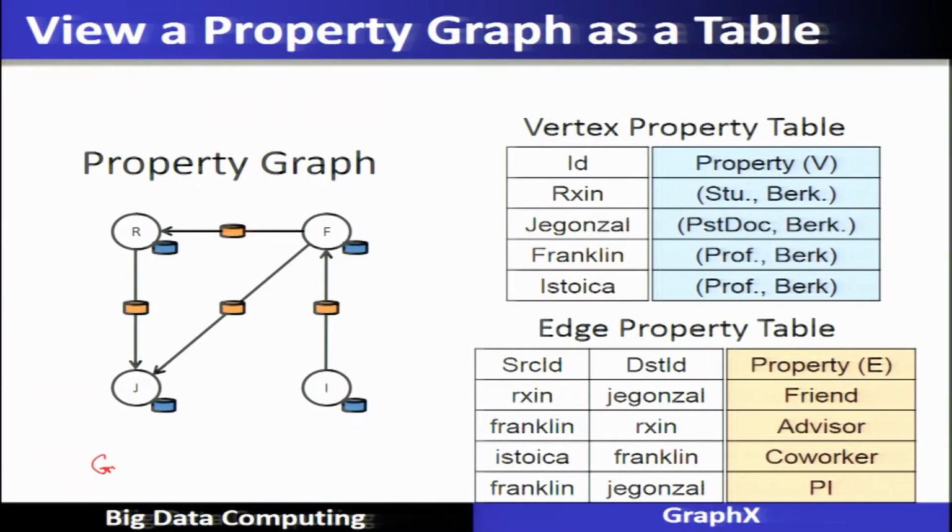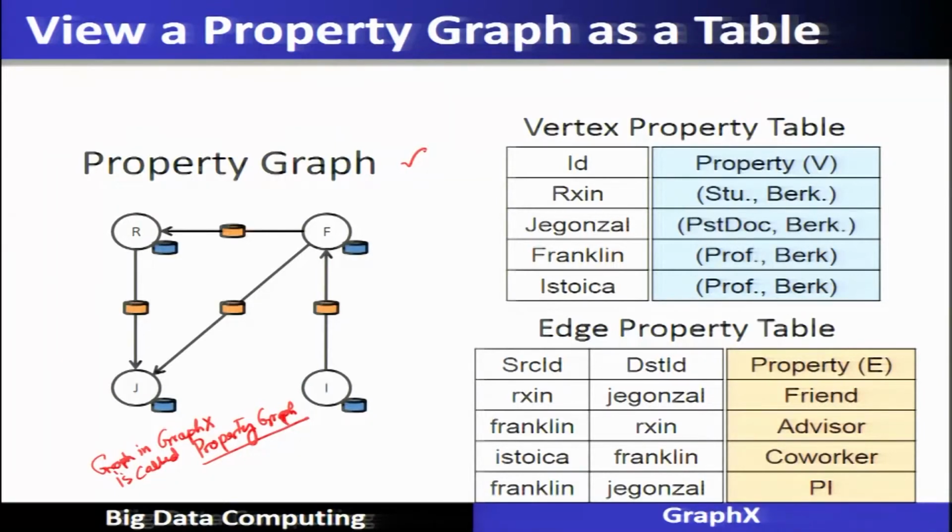The graph in GraphX is represented as a property graph. So, a graph in GraphX is called a property graph.